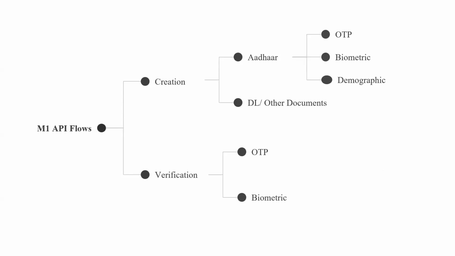Creation can be done through 2 means: one is Aadhaar and one is through driving license or other ID documents. We are planning to introduce other ID documents like PAN card and passport in the future. Currently, we support driving license.